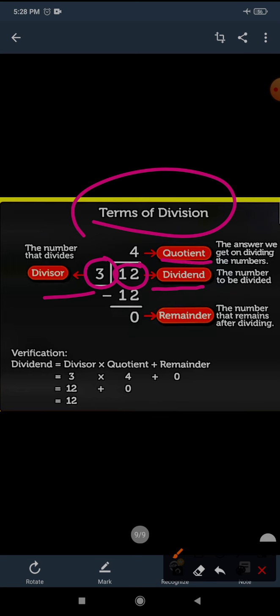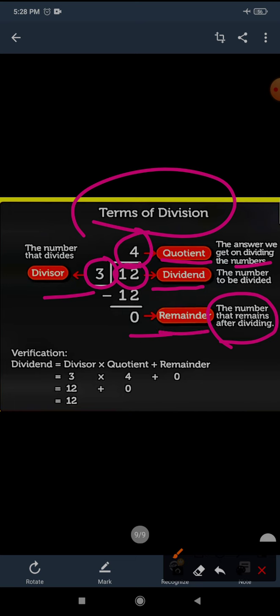The answer is the quotient. In division, the answer we get on dividing the number is called the quotient. So here 4 is the answer, the quotient, and at last the remainder. The number that remains after dividing is called the remainder.